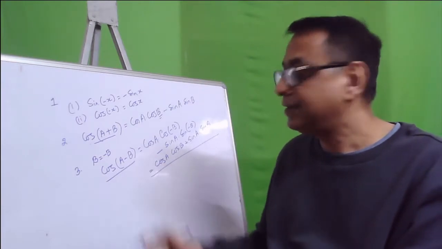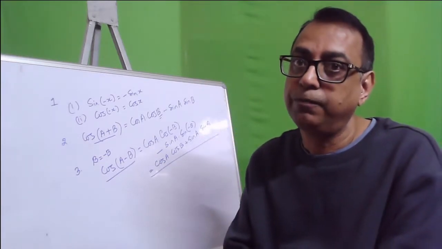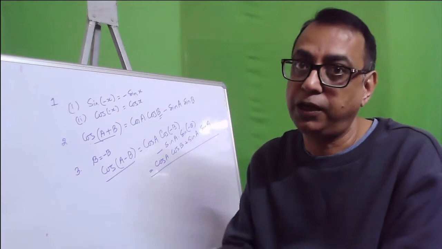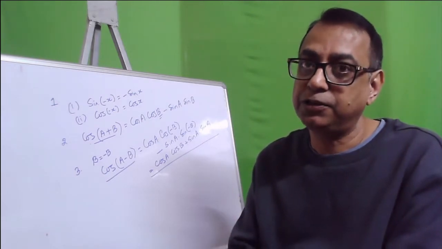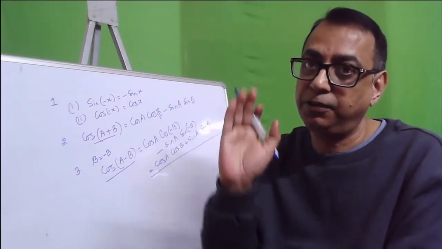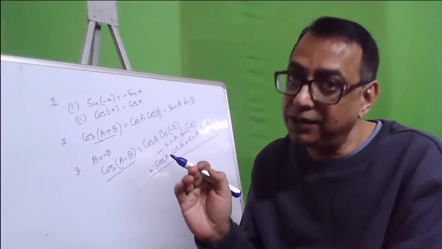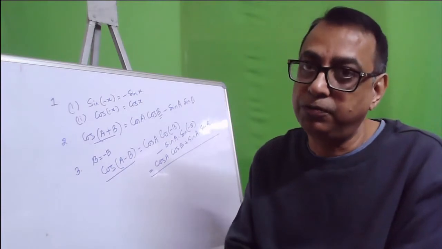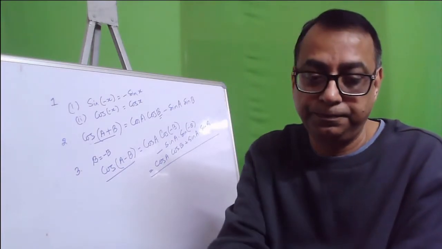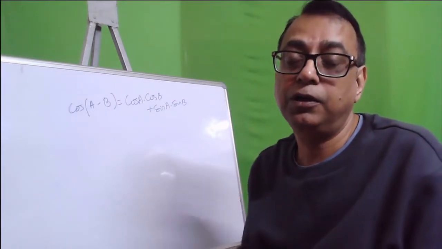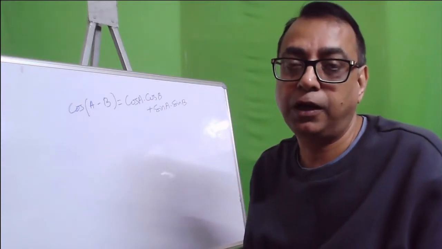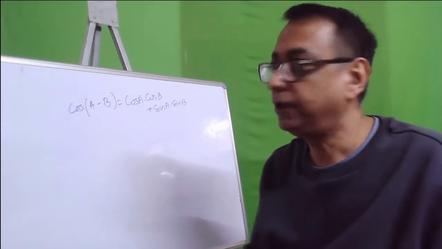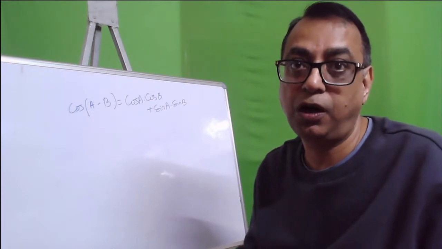And as you can see, the value of cosine of a minus b starts increasing, because we know that lower is the angle, higher is the value of the cosine of that angle. Right? Now, before going into the other trigonometric identities, I just wanted to show how it is being used.